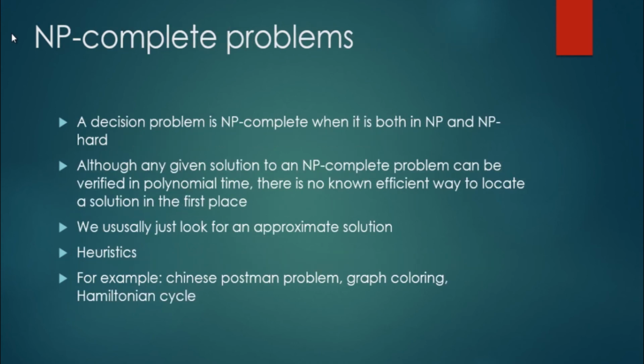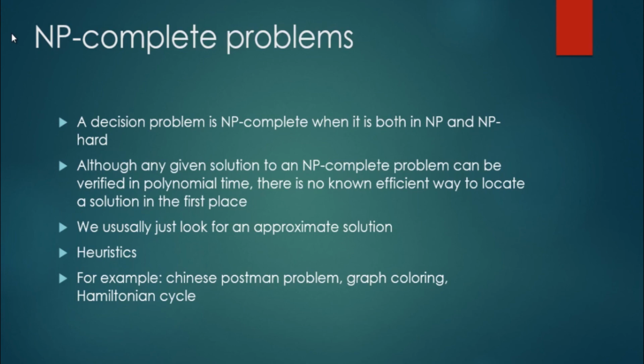A decision problem is NP complete when it is both in NP and NP hard. Although any given solution to an NP complete problem can be verified in polynomial time, there is no known efficient way to locate a solution in the first place. So we usually just look for an approximate solution, and in this situation, as I said earlier, heuristics are needed. For example, the Chinese Postman problem, graph coloring, Hamiltonian cycles.